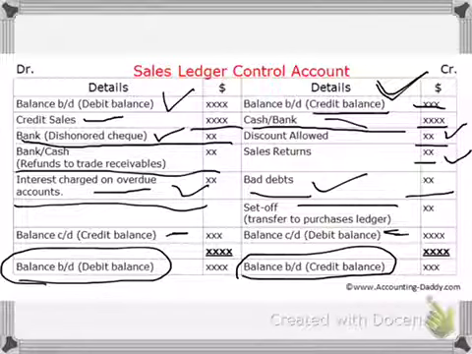Now what is this? This is basically, sometimes a single person is a customer for us, and at the same time he or she is also a supplier for us. So for example, I sell registers worth 10,000 to Mr. Ali, and I buy from him markers worth 8,000.